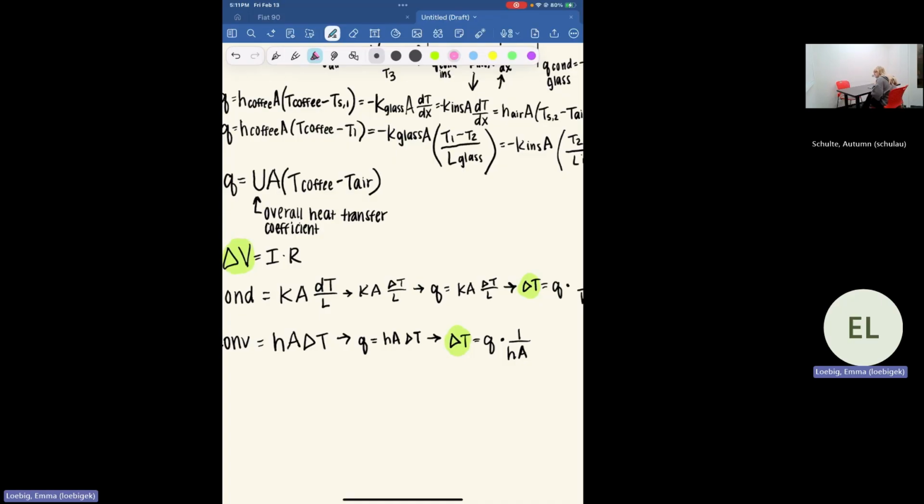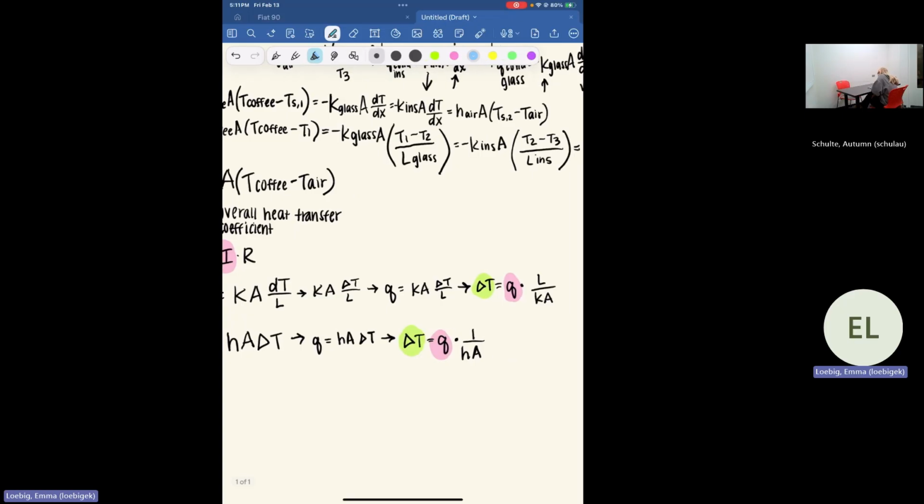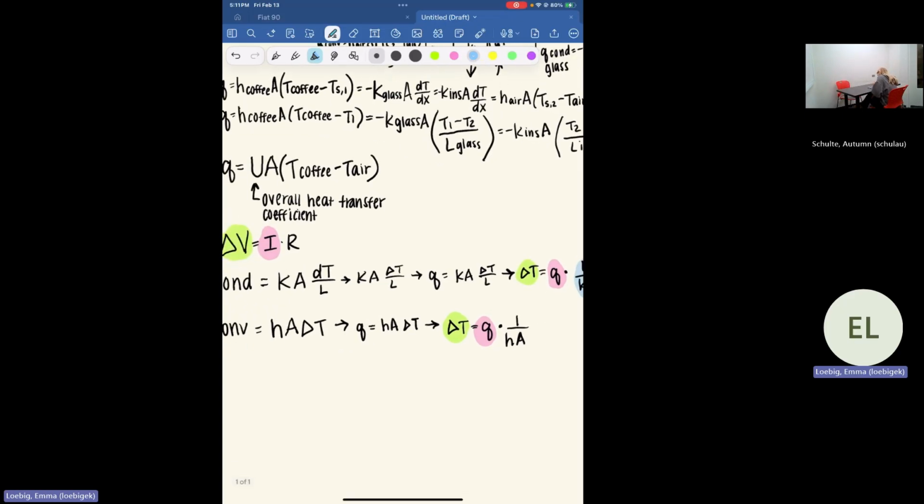So our change in temperature is like our change in voltage. Our Q term is related to the current, while this thickness over thermal conductivity multiplied by area, and 1 over our heat transfer coefficient multiplied by area, is analogous to our resistance term.